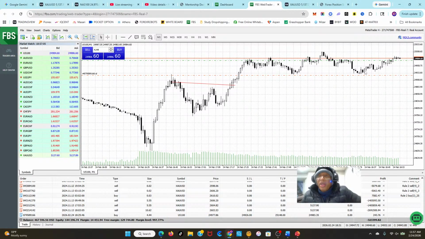So right now here you can see what is going on. I'm trying to manage the risk on this one. I don't want to lose our gains at all. So the Nasdaq, I'm going to move the stop loss even further, not to break even, but to probably there, some interesting points.